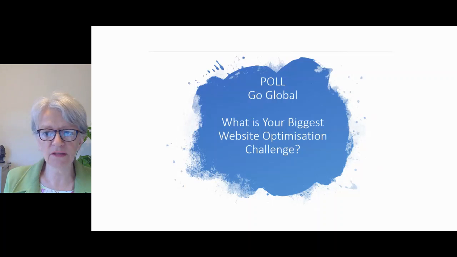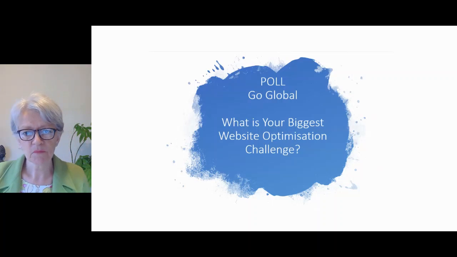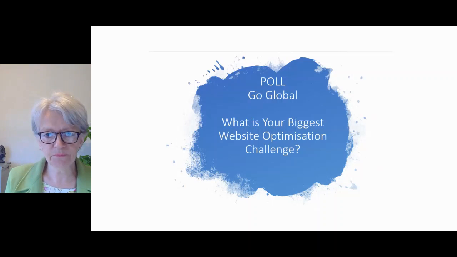Select the one that feels most relevant to you. I always love doing these. It's really interesting to see where your priorities are. You should see the poll live. Just select the one answer that feels right for you.